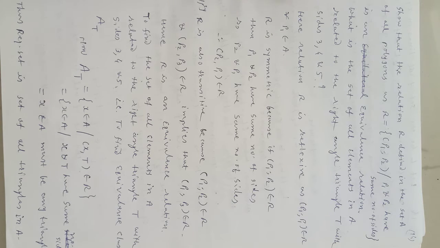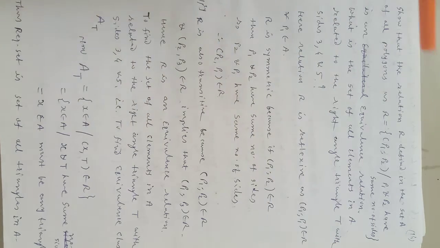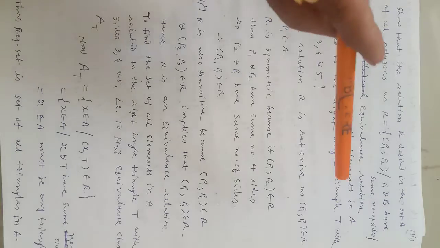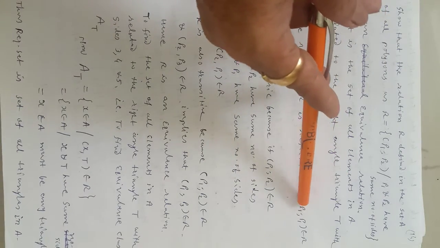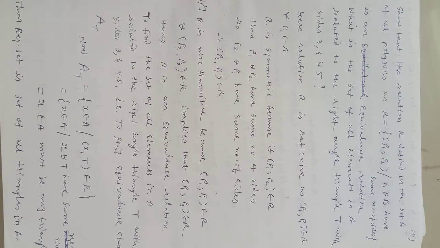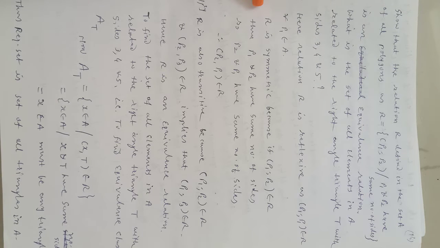So here we have to see that the ordered pair (P1, P1) belongs to R for every P1 belonging to A. It is, of course, because if P1 has 5 sides, the other P1 also has 5 sides. So both P1 and P1 have the same number of sides. Therefore P1 is obviously related to P1 itself under the given relation R. Therefore the reflexive condition is fulfilled.